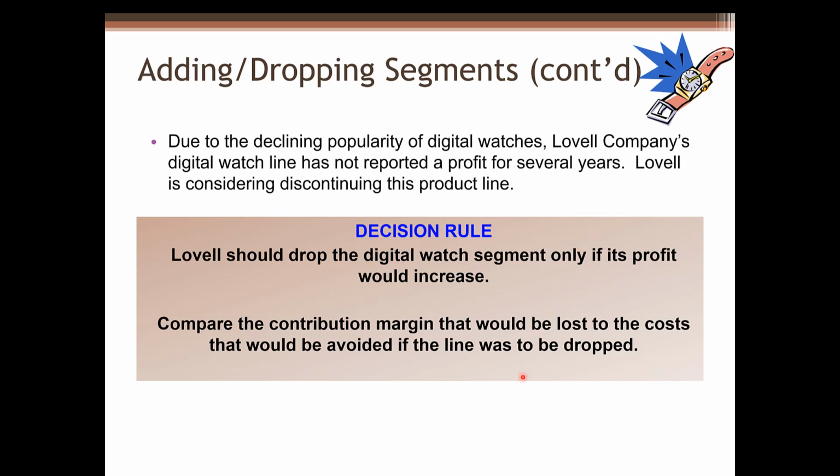To determine how dropping this line will affect the overall profit of the company, Lovewell will compare the contribution margin which would be lost to the cost which would be avoided if the line was to be dropped. Lovewell should drop the digital watch segment only if its profit would increase. This would happen only if the fixed cost savings exceeds the total contribution margin.